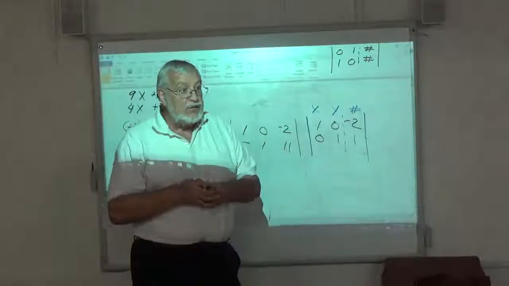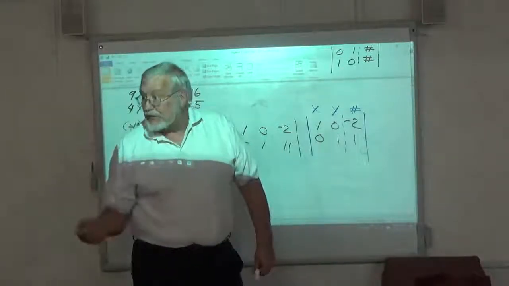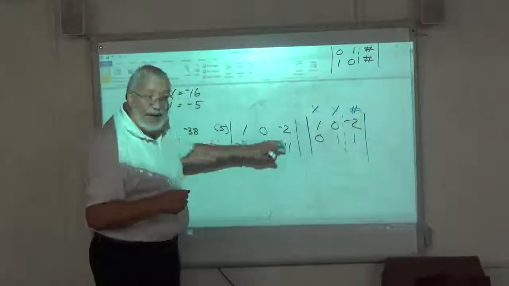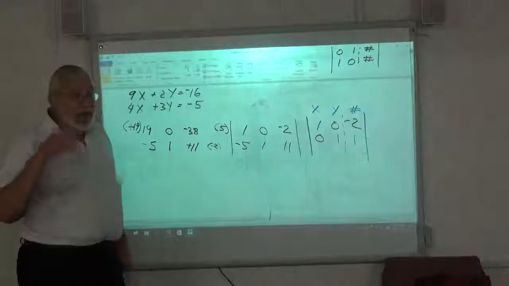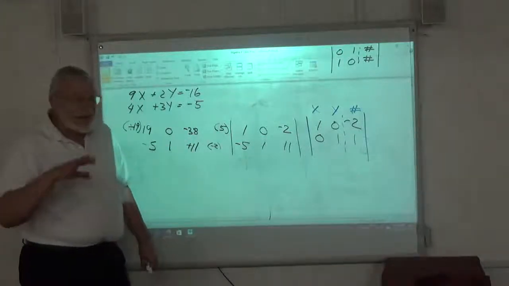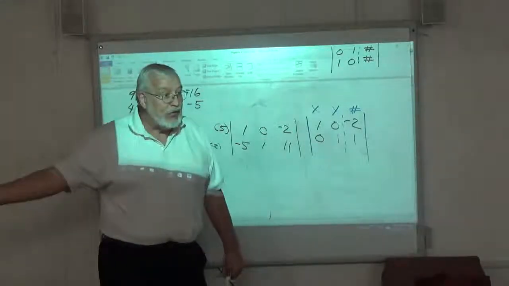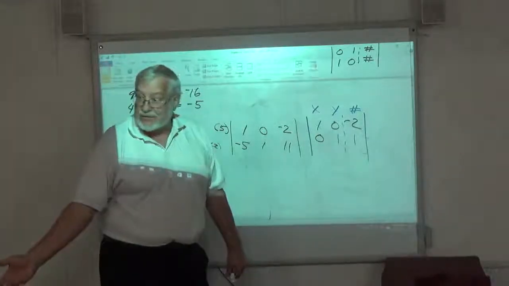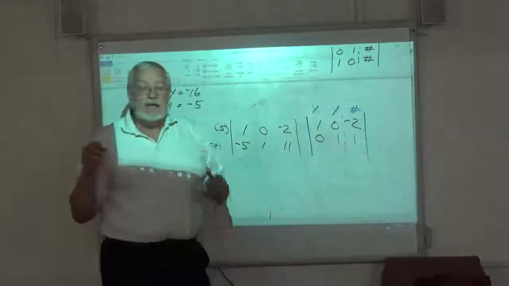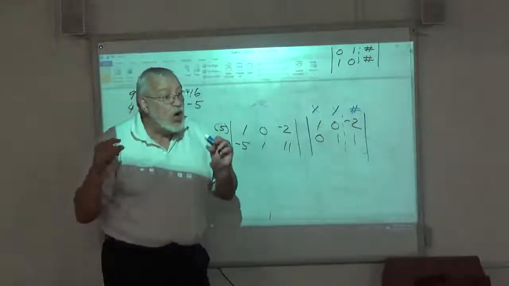The reason for learning Cramer's rule on a 2 by 2 is that it's relatively quick. And if you don't see how to eliminate, like that first problem where we had to get the 14 and 15, I didn't see that initially, so I would go straight to Cramer's rule because I know that works. But in a 3 by 3, you can use Cramer's rule, but the process is much longer.